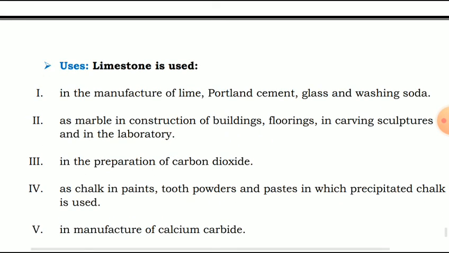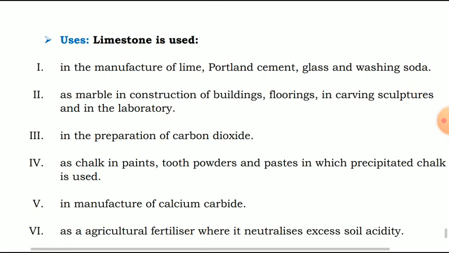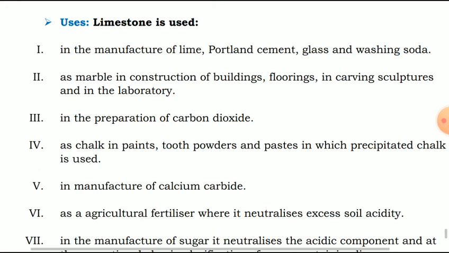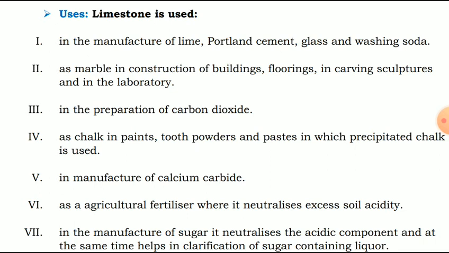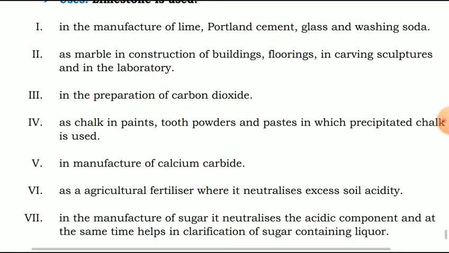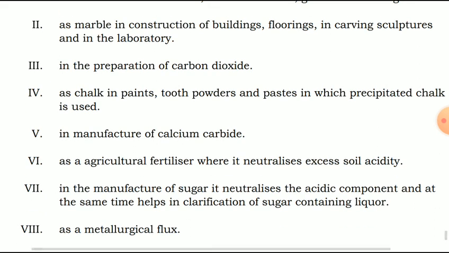Now the fifth one, it is used in the manufacture of calcium carbide. Sixth, it is used as an agricultural fertilizer, where it neutralizes excess soil acidity. Seventh, it is used in the manufacture of sugar, where it neutralizes the acidic component and at the same time helps in clarification of the sugar-containing liquor.